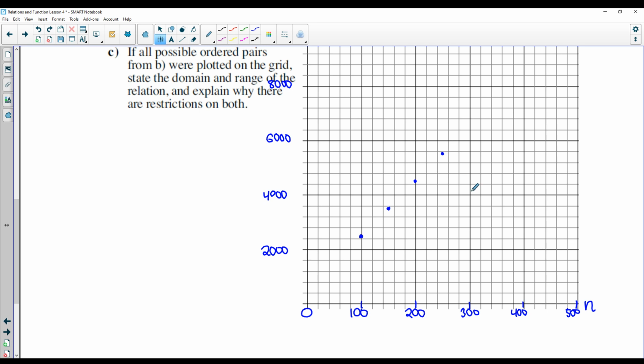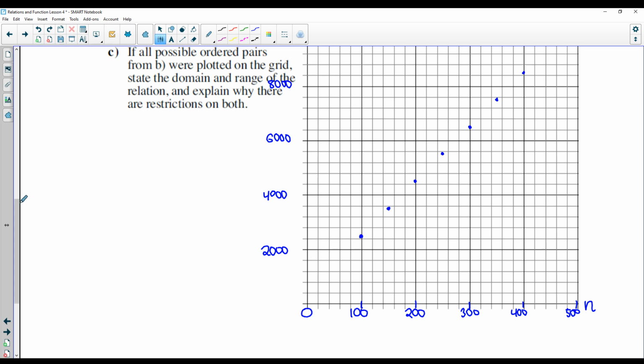If we have 300 people, the cost is 6,500. So that's going to be about right here. And if we have 350 people, it's $7,500. So that's about up here. If we have 400 people, it's going to be 8,500. So that's going to be about right here.